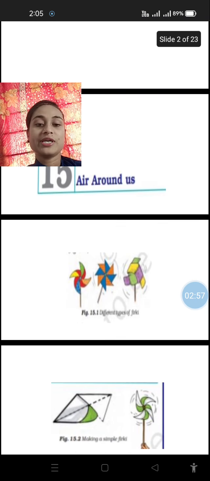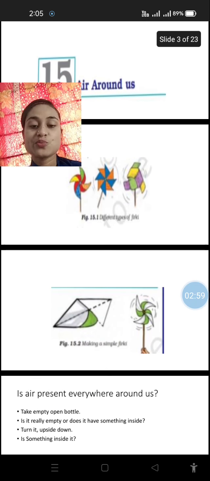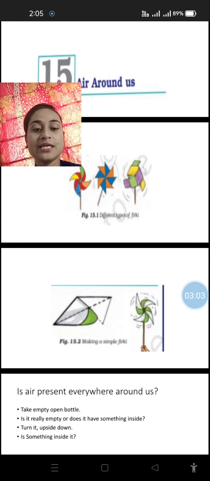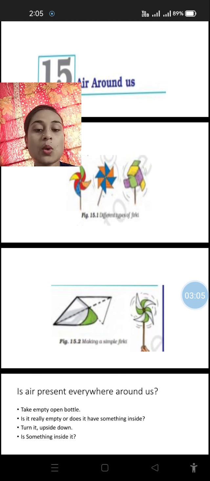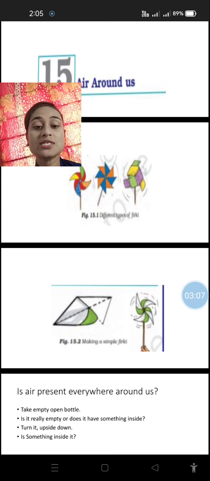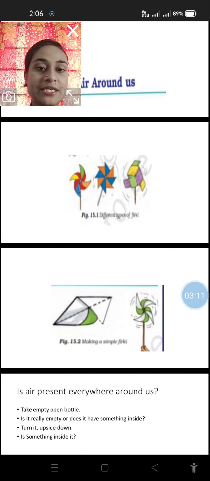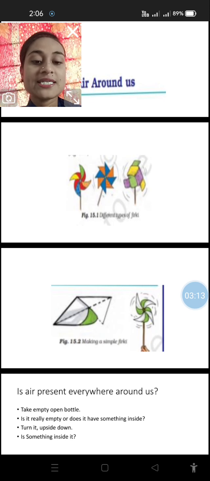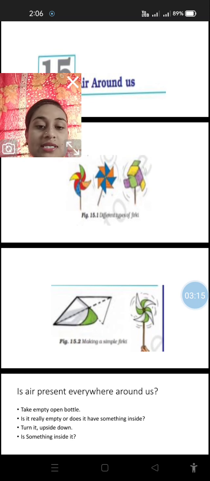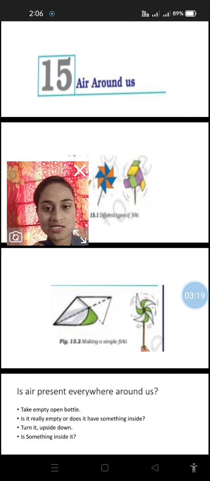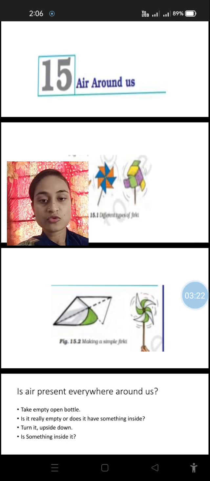In the same way, in our next PPT we can see making a simple fukuri. Here we learn how a simple fukuri can be made, even with the help of simple papers. It is not necessary to use colorful papers.